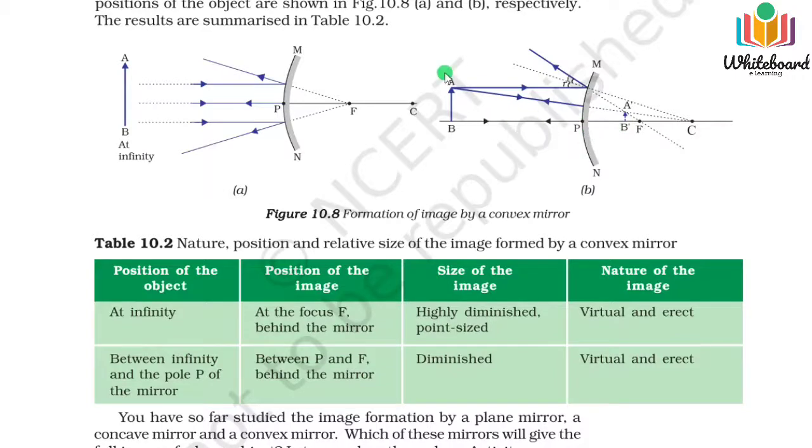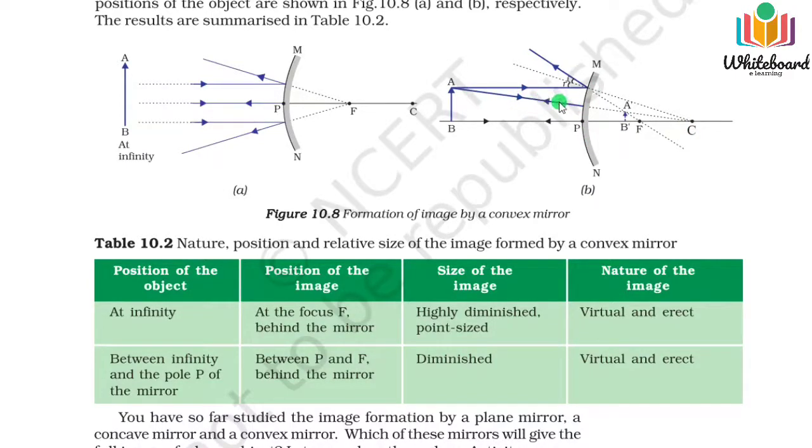You can see here. To form an image, minimum two rays you have to draw. One ray we have taken is parallel to the principal axis. It falls on the surface of the spherical mirror, then reflects back in this direction. And one ray we have taken is heading towards the center of curvature, but actually it will not enter behind the mirror, it will reflect back, retracing the path.